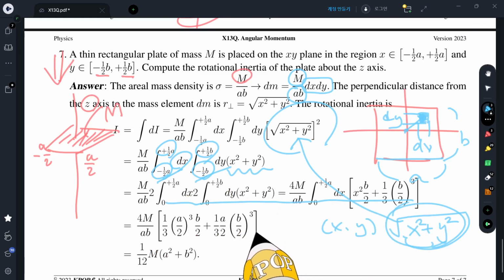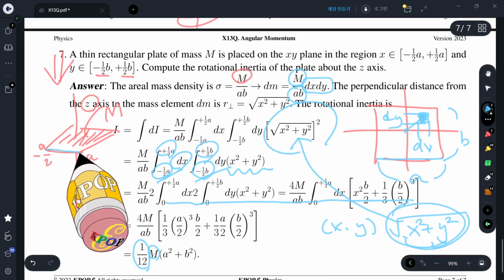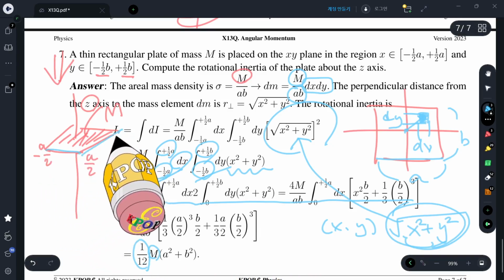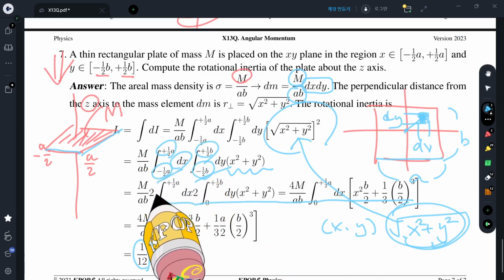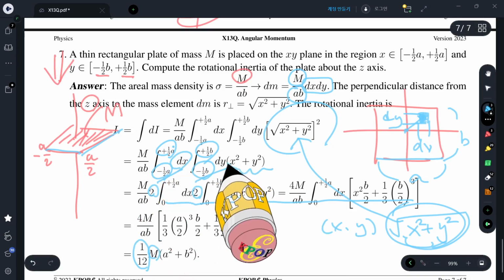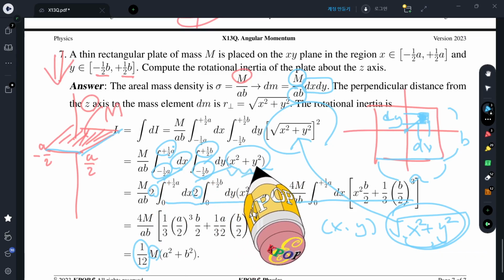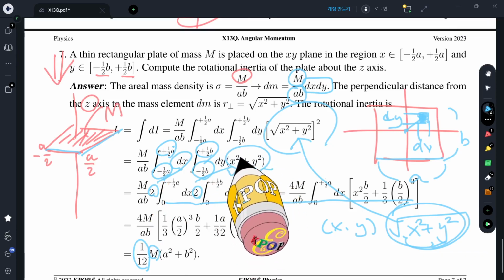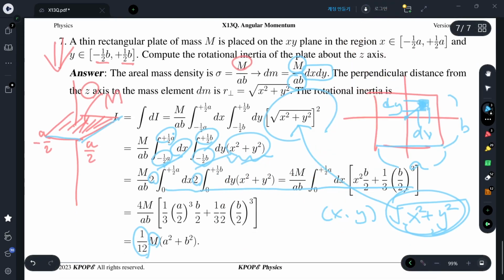The final result is 1/12 mass times a squared plus b squared. Here, the factor of 2 comes from the fact that the integrand is an even function in x and y. That's it for today. Thank you.